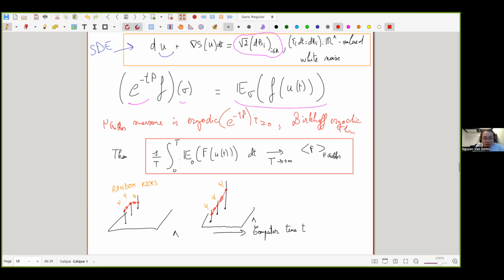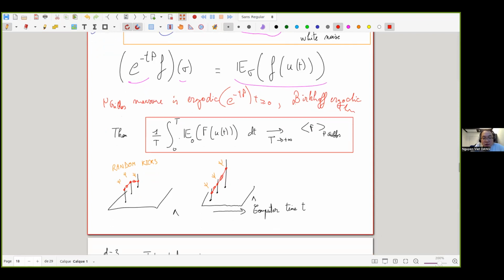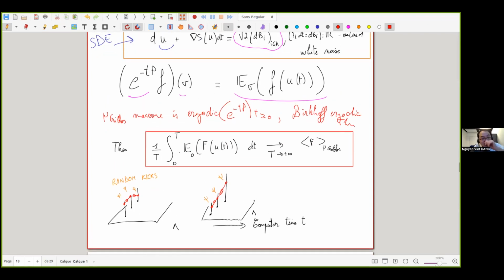And so here you have a Birkhoff mean of the expectation of F(u_t). When time t goes to plus infinity, this is going to converge to the average of F against the Gibbs measure.